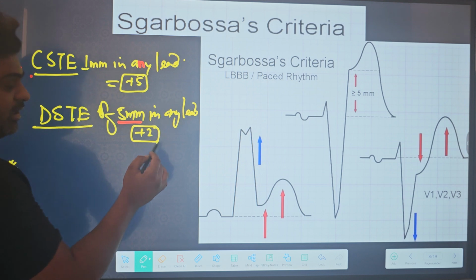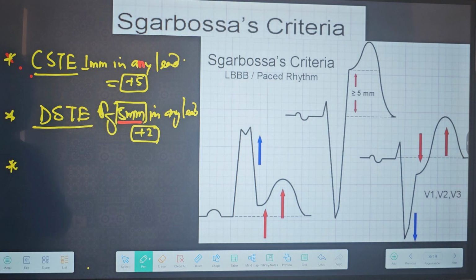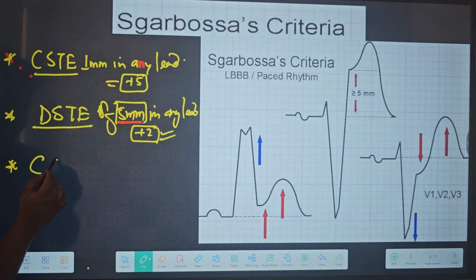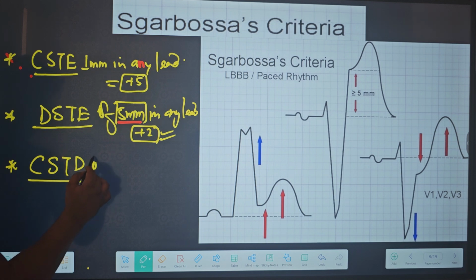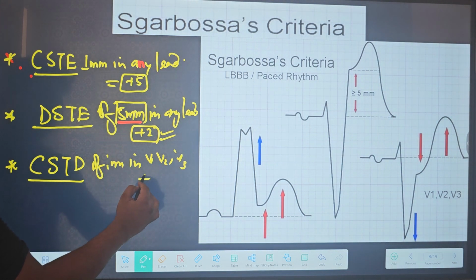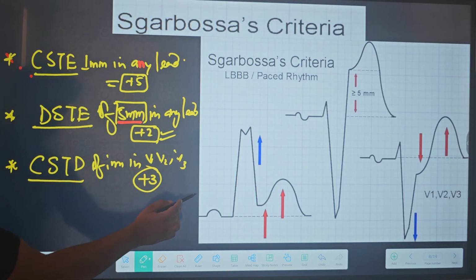I will be telling you why we are taking elevation of 5 millimeter and just giving a point +2. Then concordant ST segment depression of 1 millimeter in lead V1, V2, V3 is given a point of +3. Then we will add all these points.